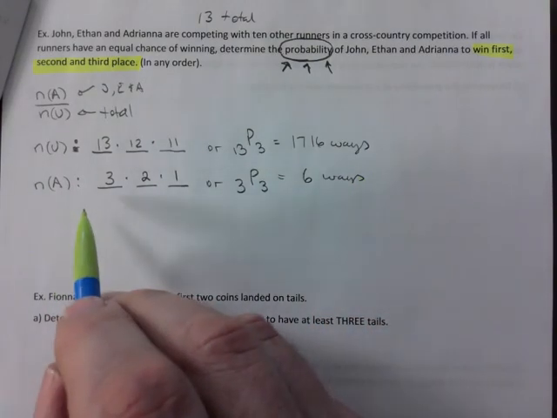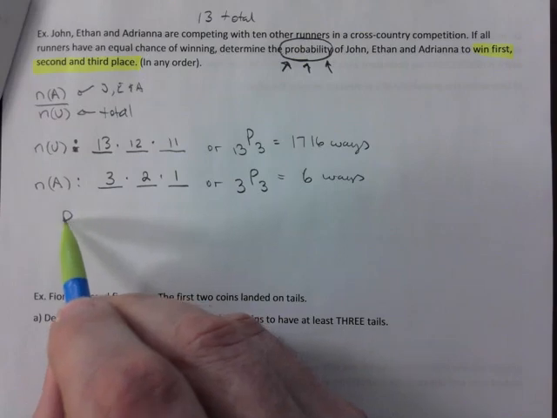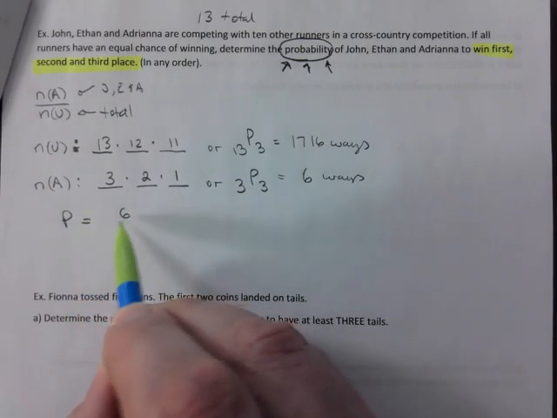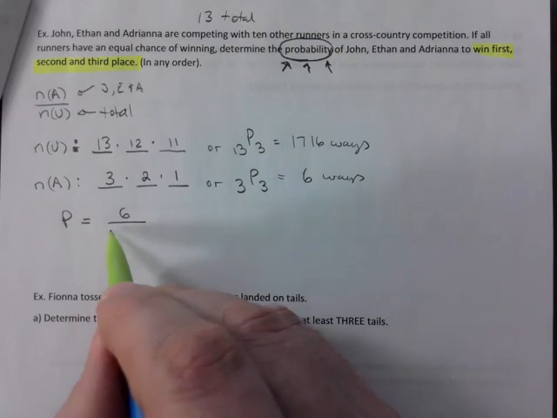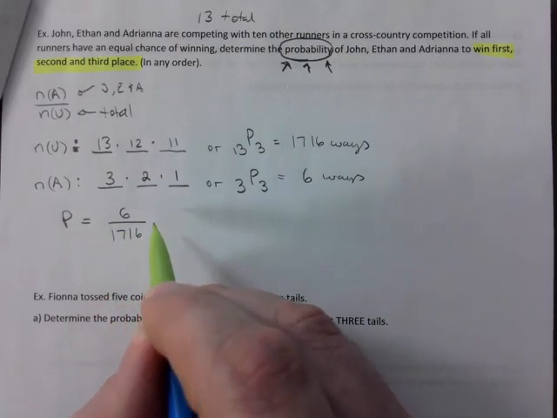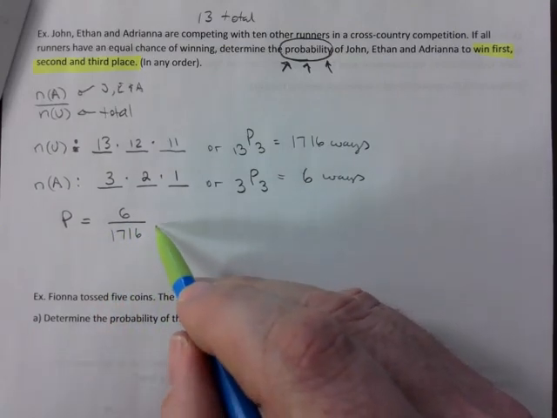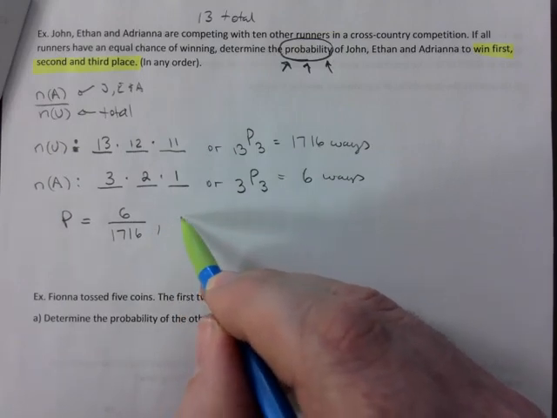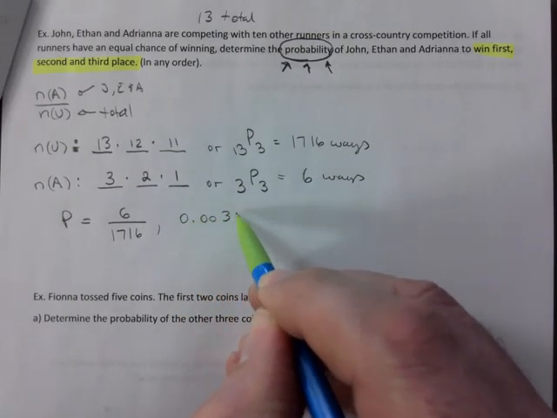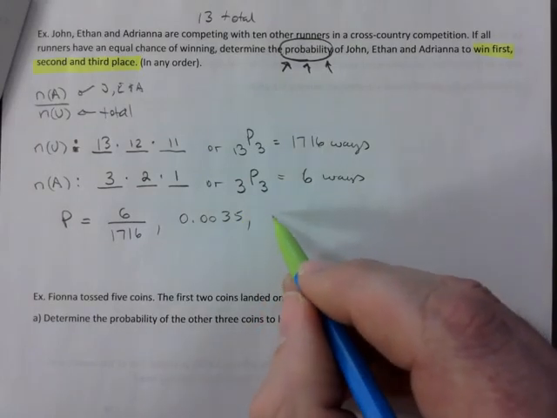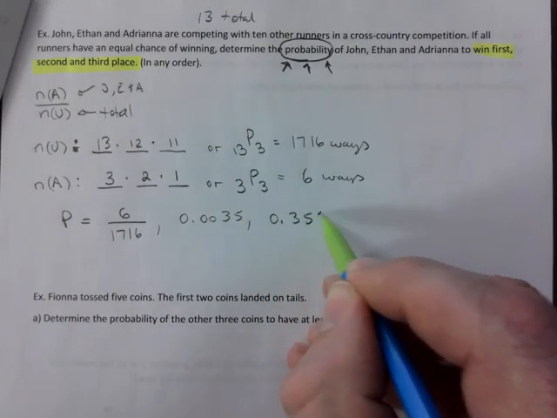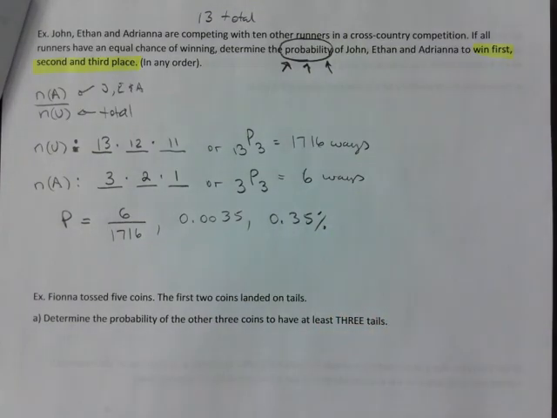Okay? I was thinking combinations. So probability here would be 6 out of 1,716 ways. That's the probability. Okay. As a decimal, that's 0.0035. And as a percentage, very, very small percentage of that happening, but it's 0.35%. Okay, so that's what's happening there.